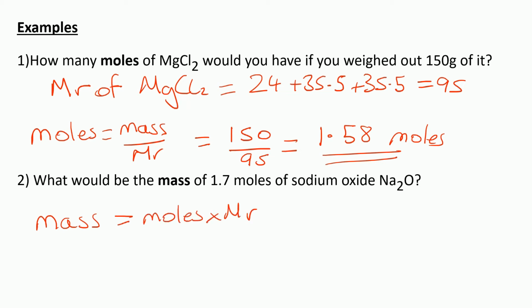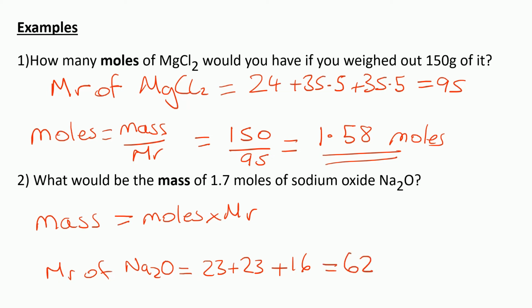That's going to be 23 plus 23 for the 2 sodiums, the 2 Nas, and then 16 for oxygen, which comes to 62. So we can then put that into here. We've got 1.7 moles times the MR, and that comes out at 105.4 grams.